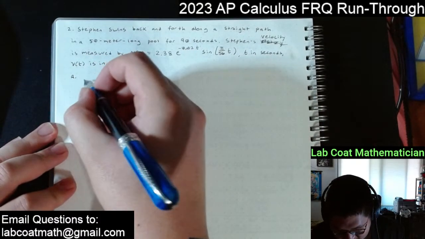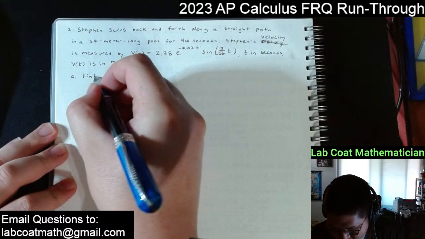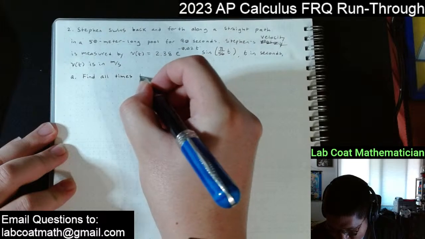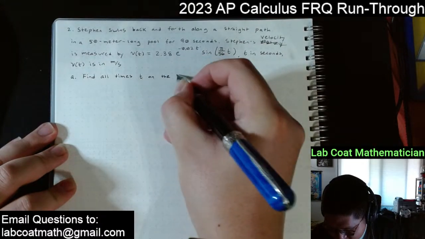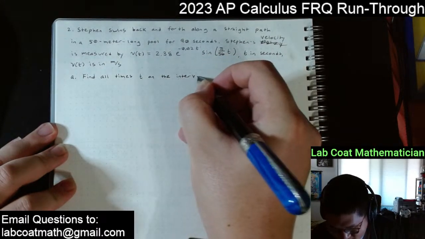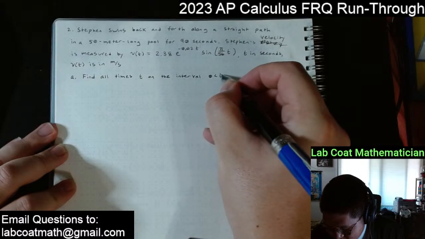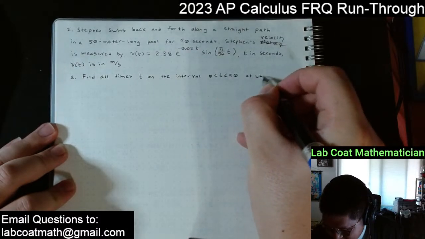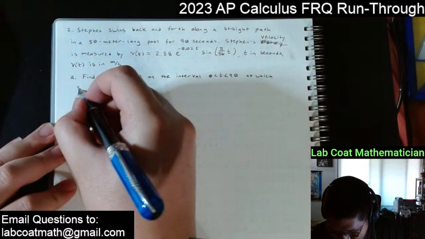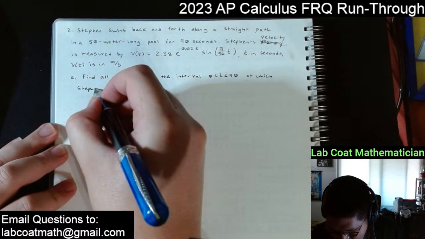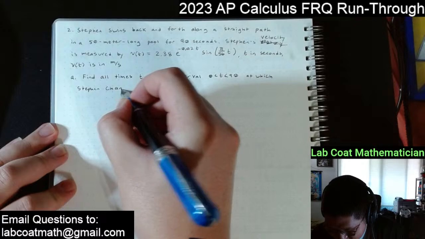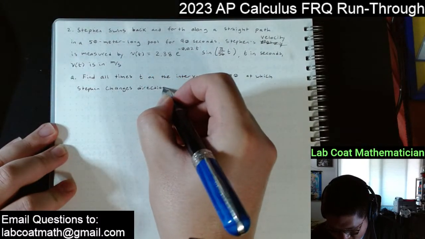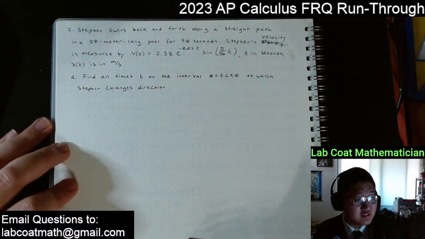It is asking to find all times t on the interval 0 to 90 at which Stefan changes direction, and then we need to give the reason for that.